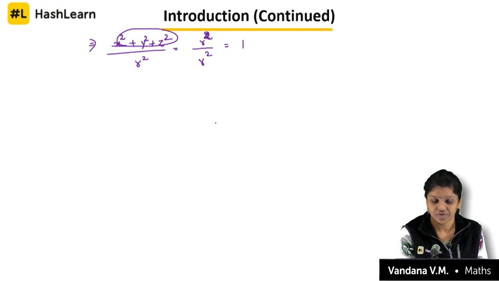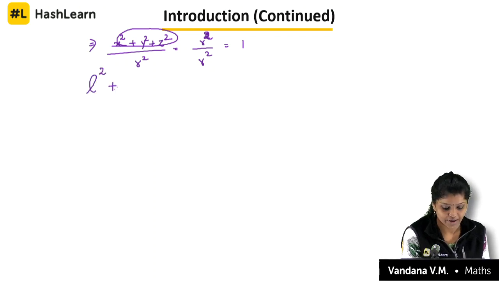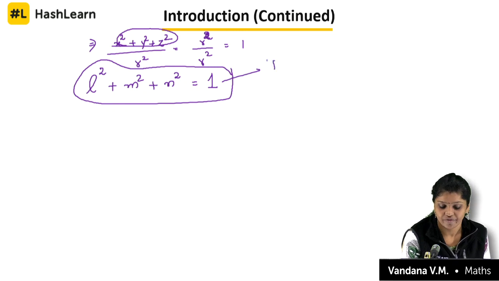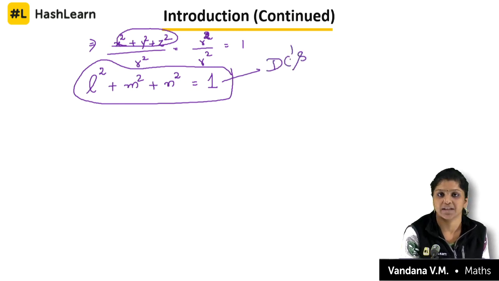So the beauty of this is L square plus M square plus N square is equal to 1. This is the very useful condition from the direction cosines.